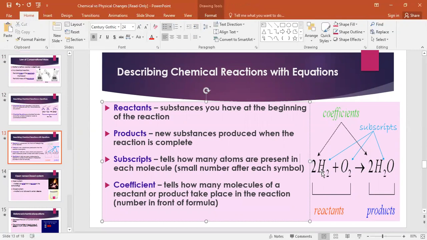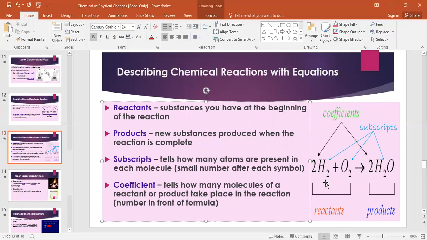Now, how to read those chemical formulas? We said yesterday that your subscripts, which means your underwriting, come directly behind an element, and they tell you how many atoms are present. So there are 2 hydrogen, but here we have a coefficient. And we said yesterday, the coefficient multiplies how many molecules you have. So we're going to say 2 times 2 equals 4.